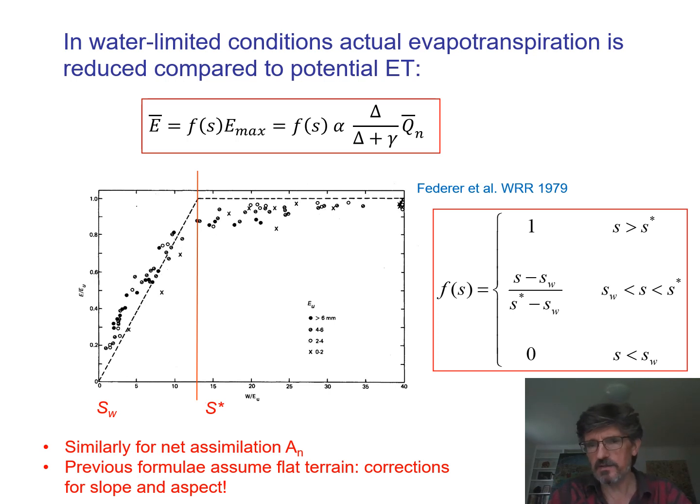And let's not forget that this formula, all our treatments so far, refers to flat terrain. When you have topography, things become interesting, of course, as always, but more complicated.